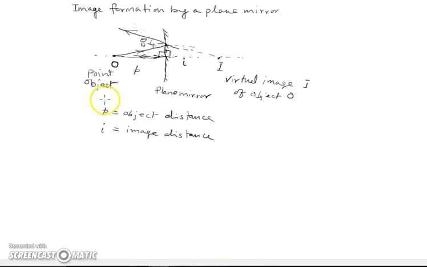I is the virtual image of the object or point object O, and the relationship between P and I is I equal to negative P, because the image is virtual. We'll talk about the sign convention in the next slide, but at least for the time being, that's where we are. The image will be formed of the object O.